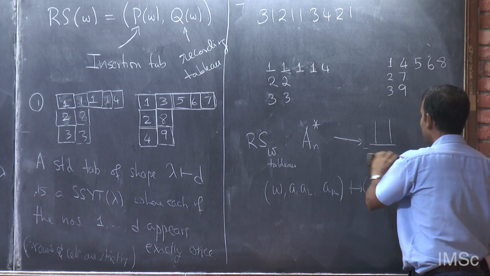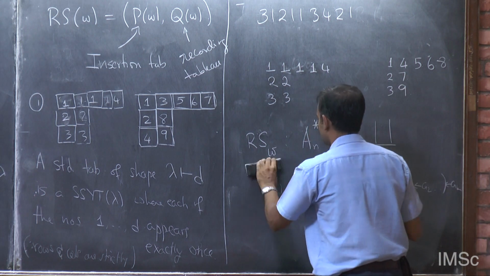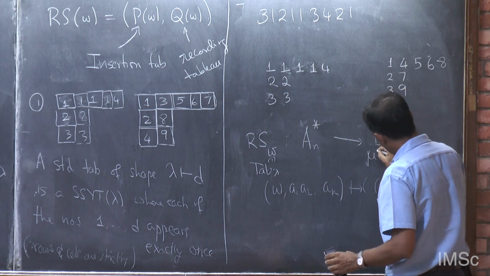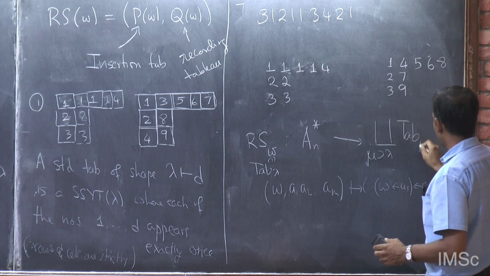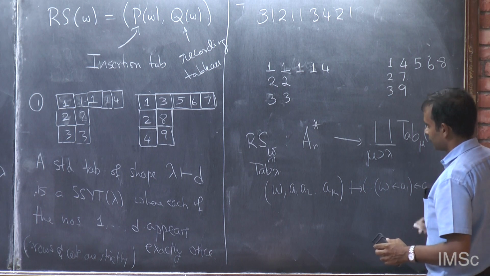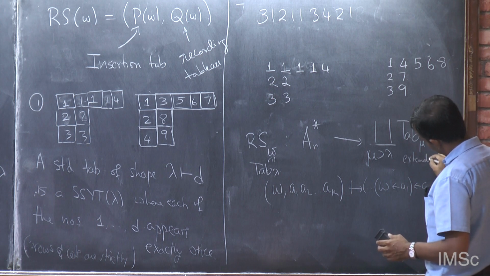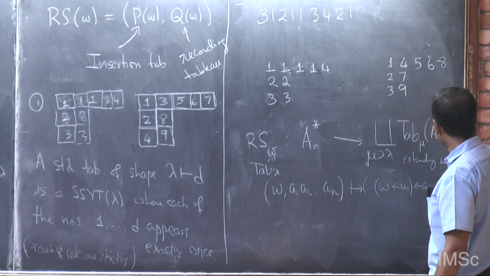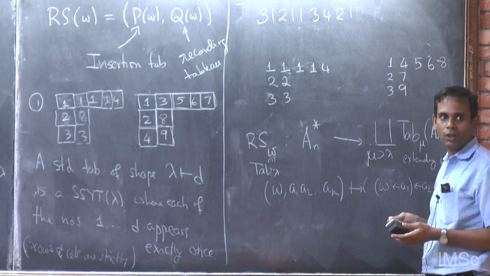So, I guess you will get shapes lambda. So, let us say tableau of shape lambda. Then here you will get mu containing lambda, tableau which extend W, and what you will get here are standard skew tableau. So, the order in which things appear will form what is called a skew shape.